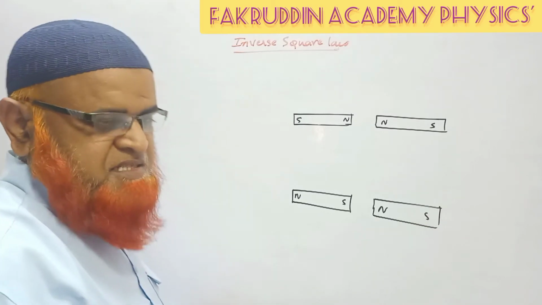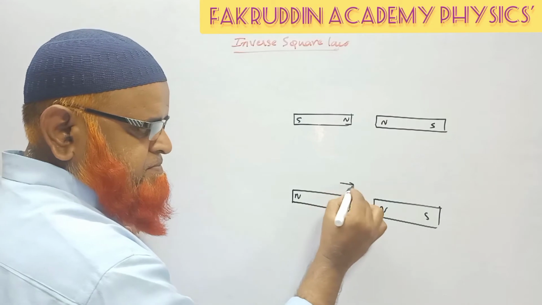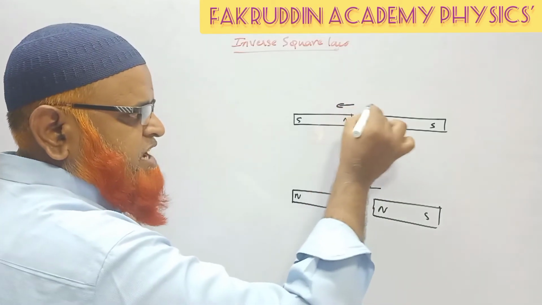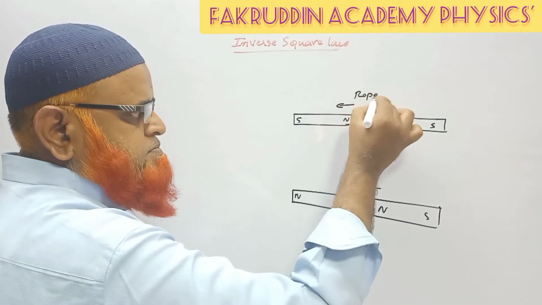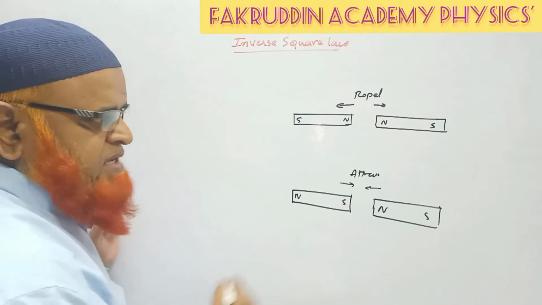You all know that opposite poles attract. This is attraction, and the same poles will repel. Okay, so here attraction takes place, there repulsion takes place.